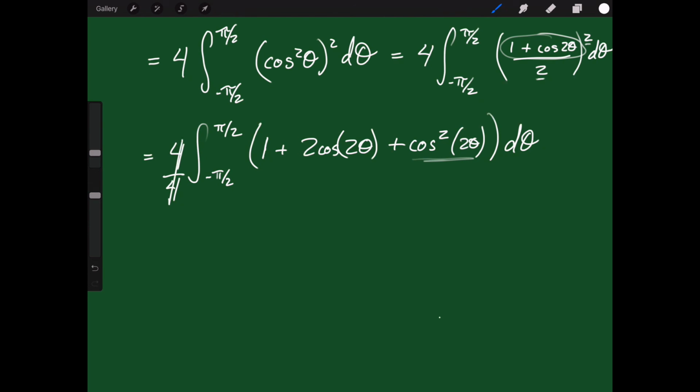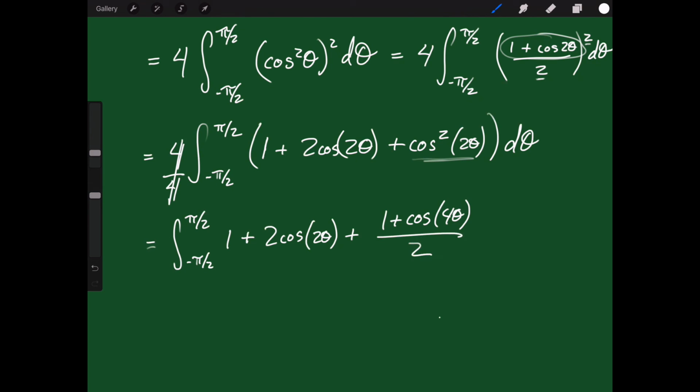Okay, so this becomes the integral negative pi over 2 to pi over 2 of 1 plus 2 cosine of 2 theta plus (1 plus cosine of 4 theta) over 2 d theta, by a half angle identity on this cosine squared of 2 theta. Now I think I'm ready to take an antiderivative. We might want to combine some things very quickly if we want.